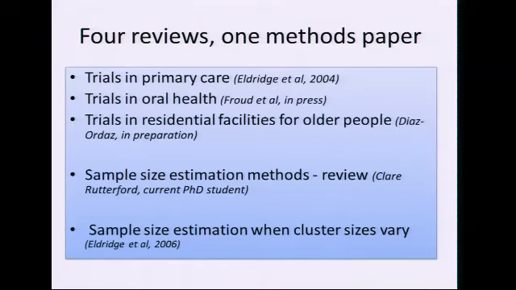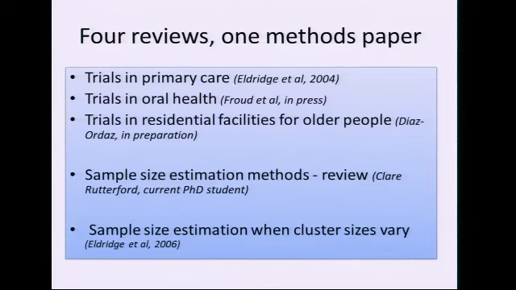That's something done together with Alan Donner, and the researcher on that was Rob Froud, who's in our centre, and then a review that's in progress at the moment, and Carla Diaz-Ordaz, who's in the middle of the audience, is leading on that one. And at the moment I've got a PhD student who is reviewing sample size methods for these trials, looking at the methodological literature.